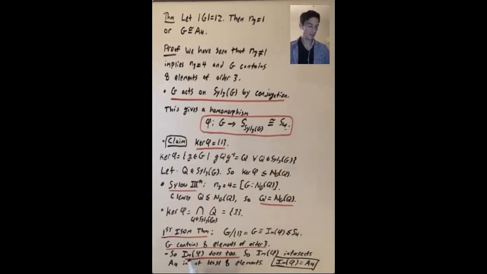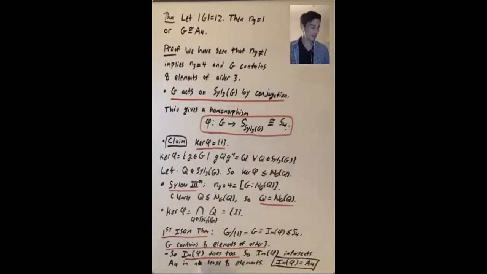The intersection of the image of phi and A4 is also a subgroup of S4, but more importantly, it's a subgroup of A4. What size does this subgroup have? Well, it's at least 8. But the order of a subgroup of A4 has to divide 12. So if you have a subgroup of A4 of size at least 8, then it's actually all of A4.